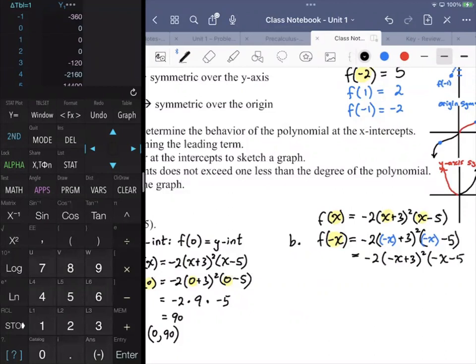Now, I want to simplify this and see what we come up with as a result. Then we'll just verify it visually, but I'll do that part all in one shot after we do all the computations.